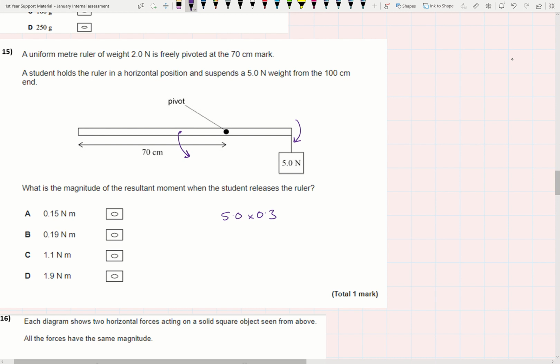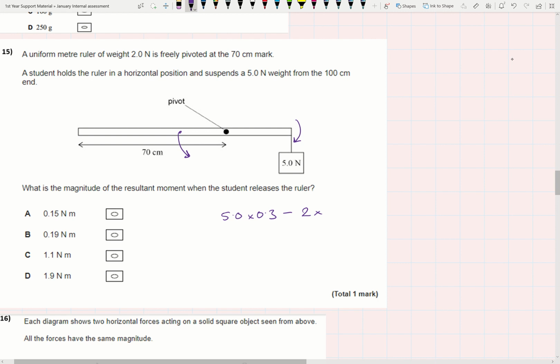Because those are going in opposite rotational directions, I'm going to take one away from the other. I might get a positive or a negative answer, but it doesn't matter because I'm looking for the magnitude. I can make either rotational direction positive.